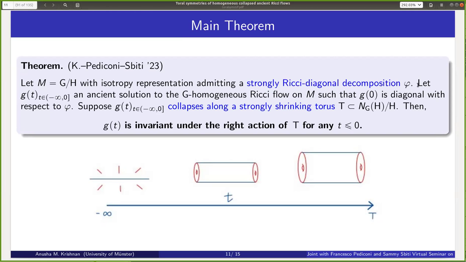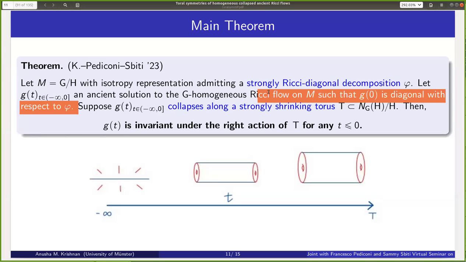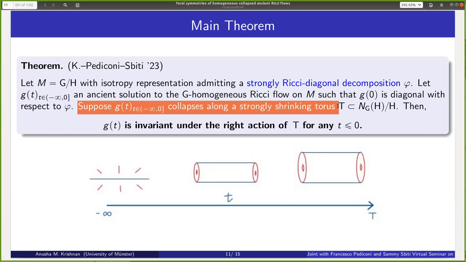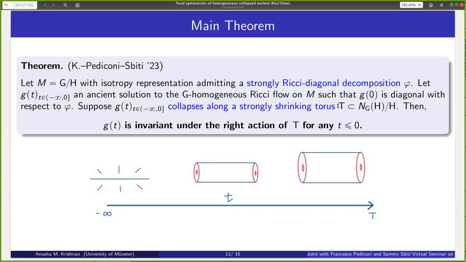Then we assume g is an ancient solution to the homogeneous Ricci flow on the manifold, so that the starting metric is diagonal with respect to this given strongly Ricci diagonal decomposition. And we are assuming that our ancient solution is collapsed, and that the collapse happens along a strongly shrinking torus. Then under these assumptions, we conclude that the metric is invariant under the right action of the torus as well.